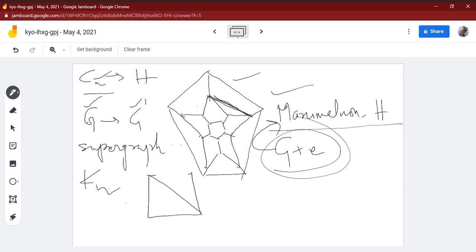Okay, there are other graphs also, examples of maximal non-Hamiltonian graphs. I'll draw it. This is a maximal non-Hamiltonian graph, because you can't find a cycle in this case.